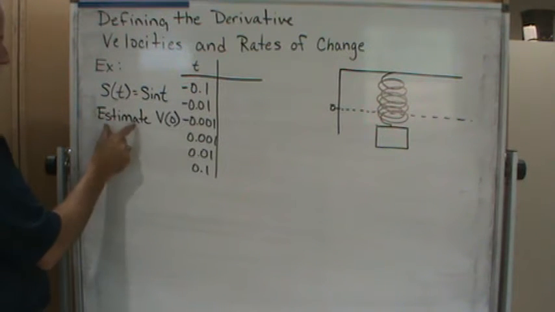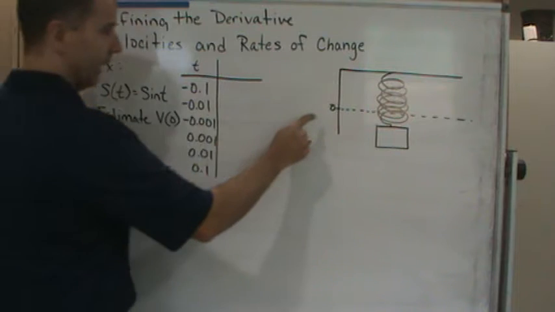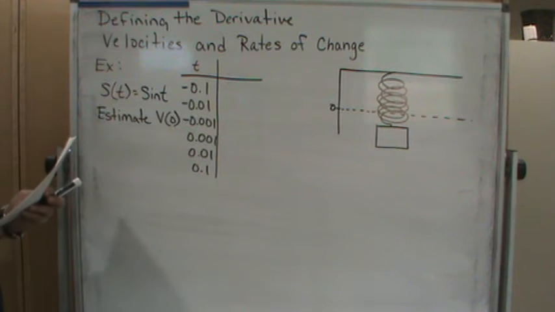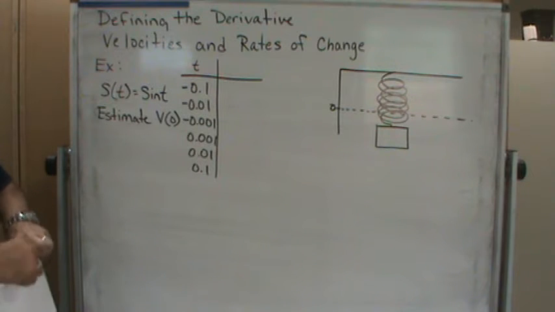What we're going to do is estimate the velocity at 0. And how are we going to do that? Well, we're going to use a table of values and what we know about the difference quotient.